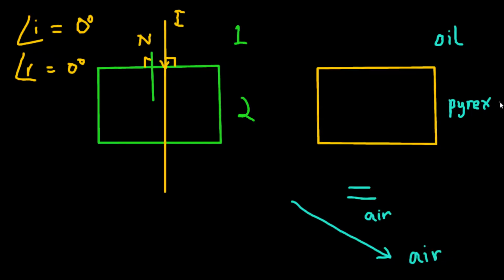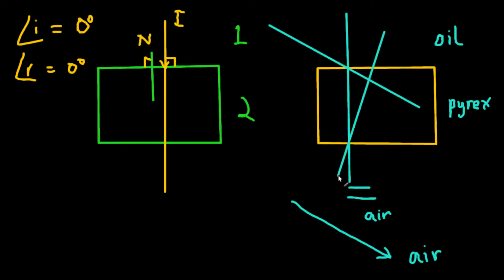So the same thing can apply over here. No matter how you take your ray, whether it's perpendicular like this, or at a very sharp angle like this, it's not going to get refracted or deviated. And the reason I just told you. But also note that oil and Pyrex don't have exact refractive indices.